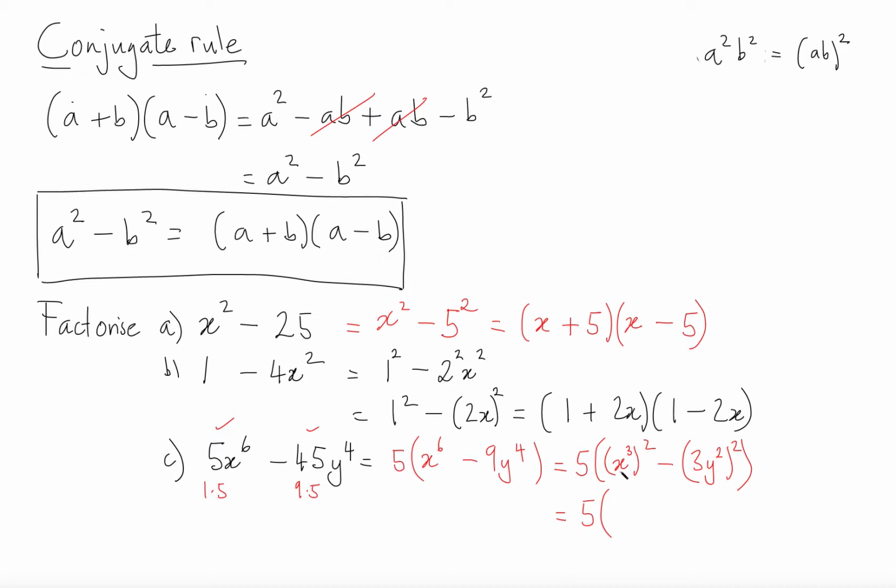And due to the conjugate rule, I can now rewrite this as 5 times brackets x cubed plus 3y squared, brackets x cubed minus 3y squared. That's pretty tricky.